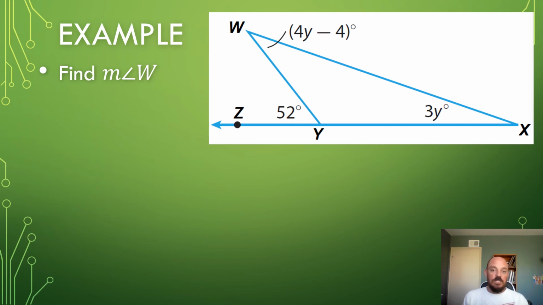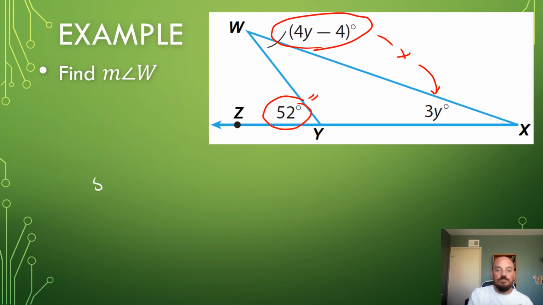Now the theorem being represented here is the exterior angle theorem. This is an exterior angle, so it equals this one plus this one, the 2 non-adjacent interior angles. So that's going to be my equation. The exterior angle, 52 degrees, equals, and then I'm going to add those up, 4y minus 4 plus 3y.